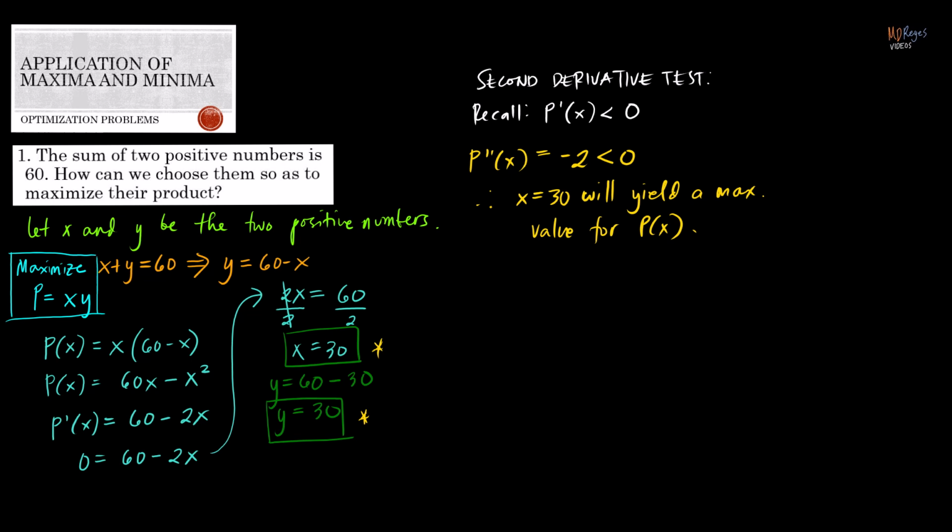So it means to say that 30 times 30, which is equal to 900, is the maximum product for two numbers whose sum is equal to 60. So our final answer would be x equals 30 and y equals 30 also.